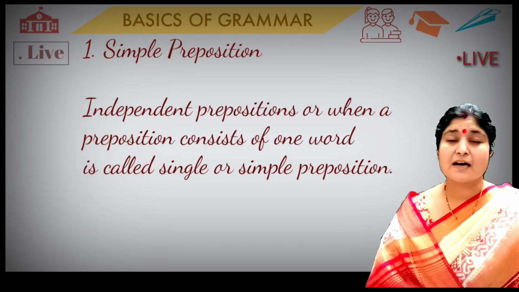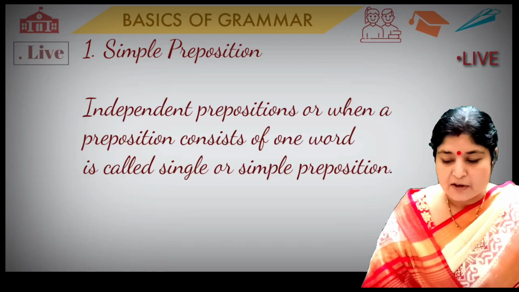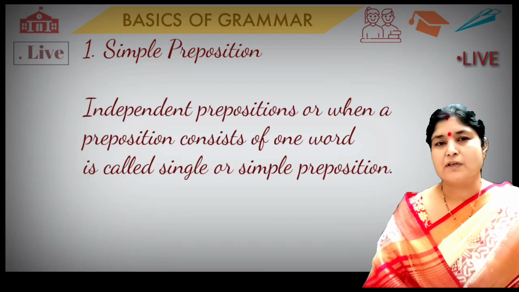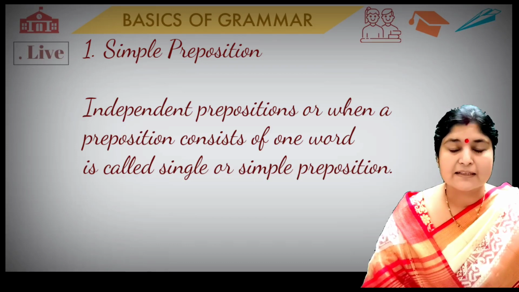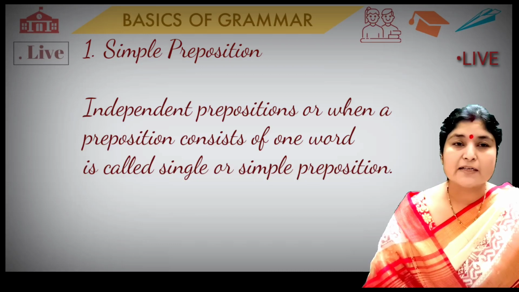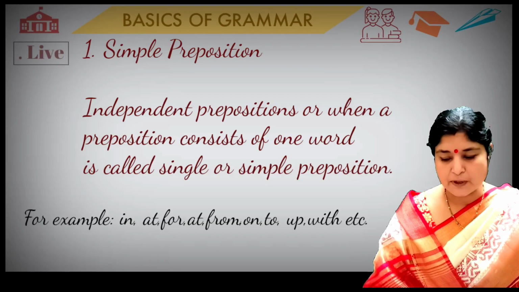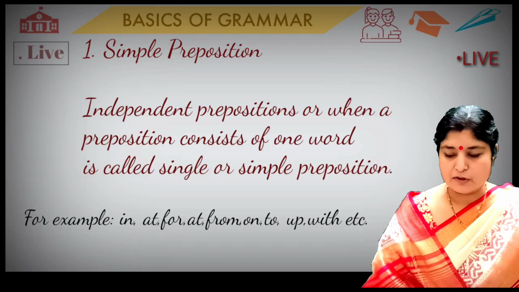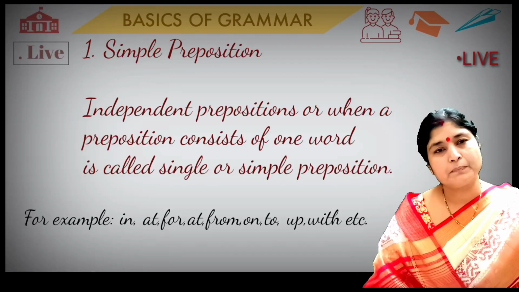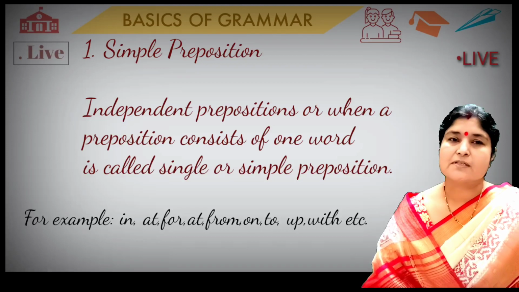Simple prepositions are independent prepositions, or the prepositions which consist of one word, also known as single prepositions. For example, in, at, on, to, for, from, up, these all are known as the simple prepositions.